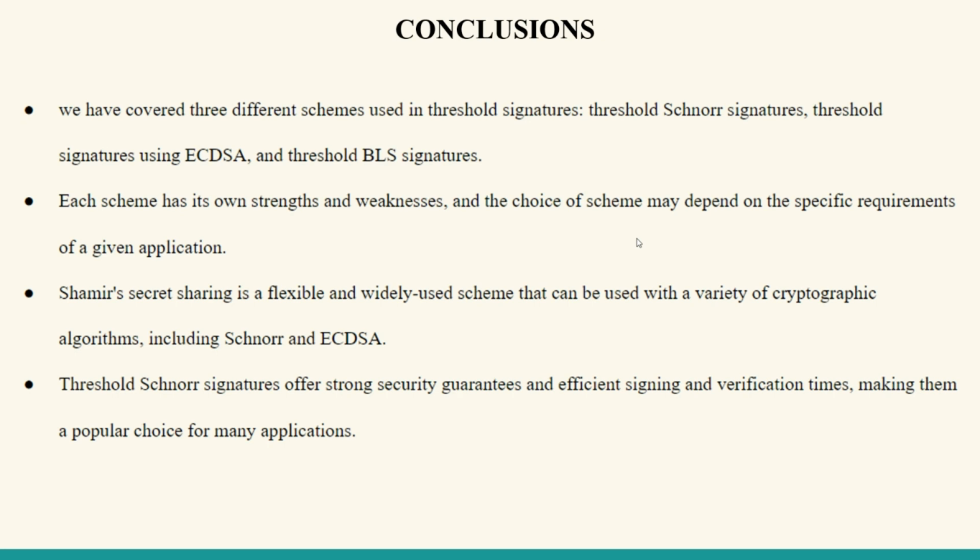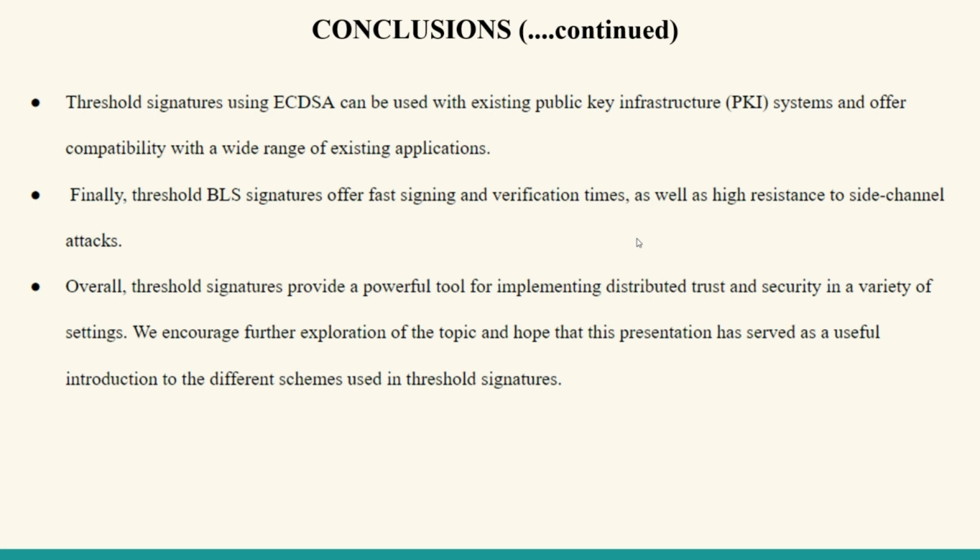Threshold Schnorr signatures offer strong security guarantees and efficient signing and verification times, making them a popular choice for many applications. Threshold signatures using ECDSA can be used with existing public key infrastructure (PKI) systems and offer compatibility with a wide range of existing applications.